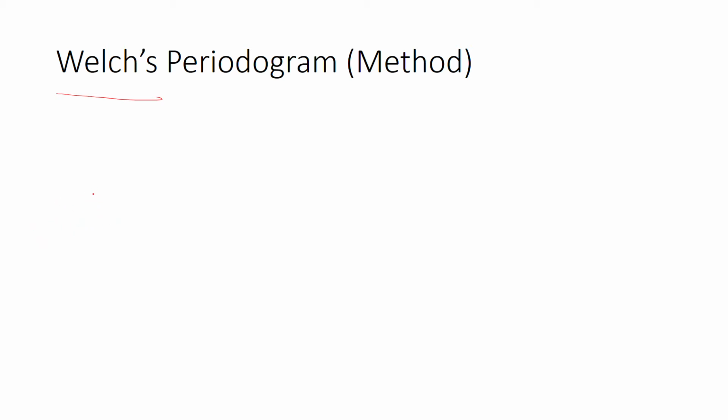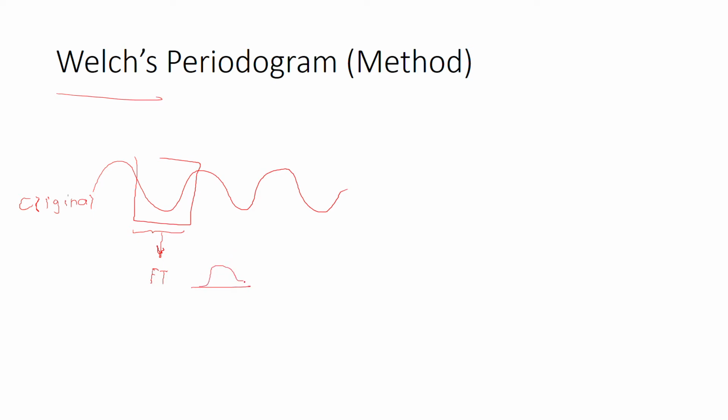Let's say this is the original signal, and you need to determine the Fourier transform of small windows. The Fourier transform is applied to this segment by using a window, called the Welch window, which is similar to a Gaussian.